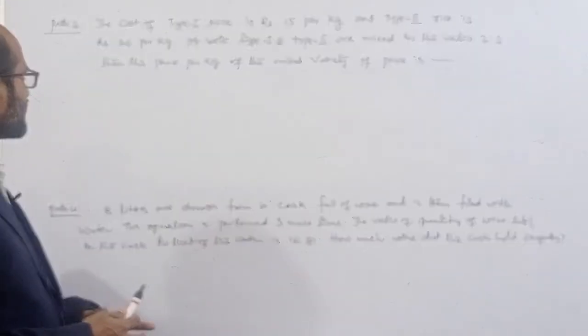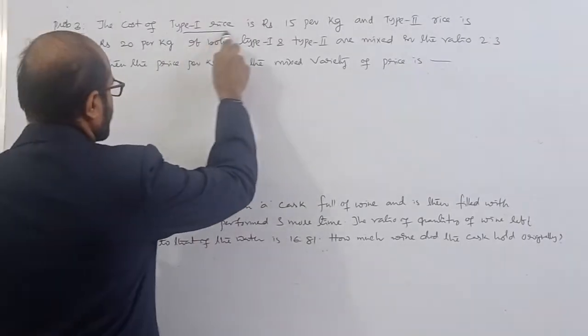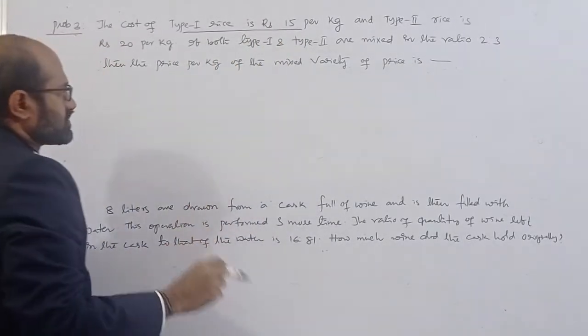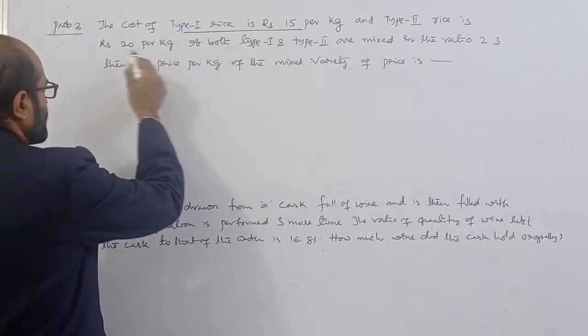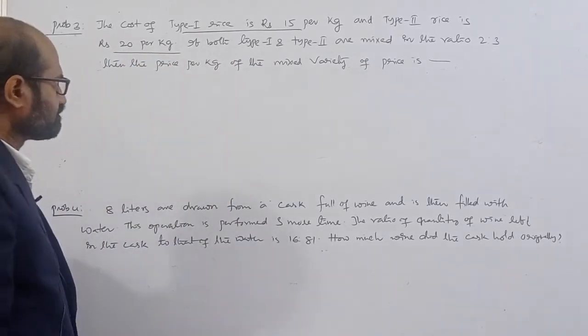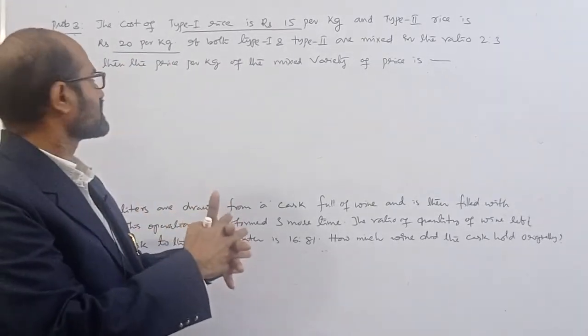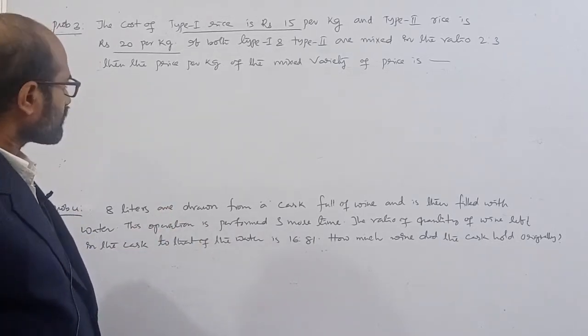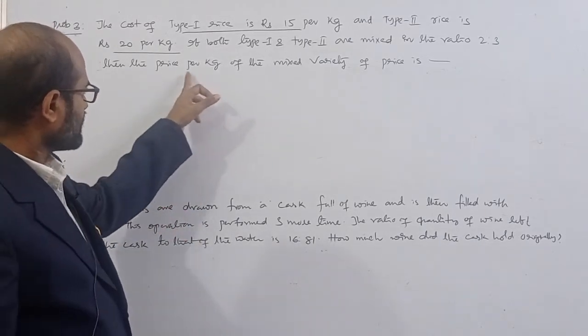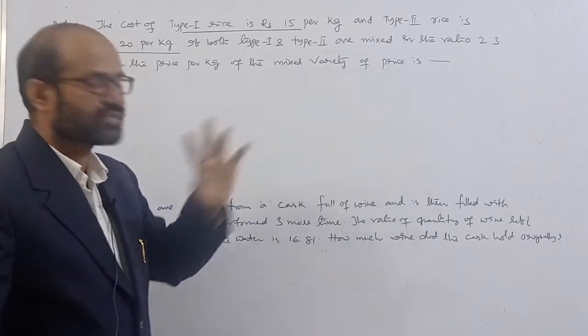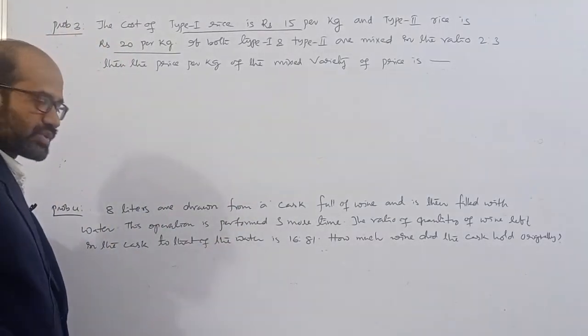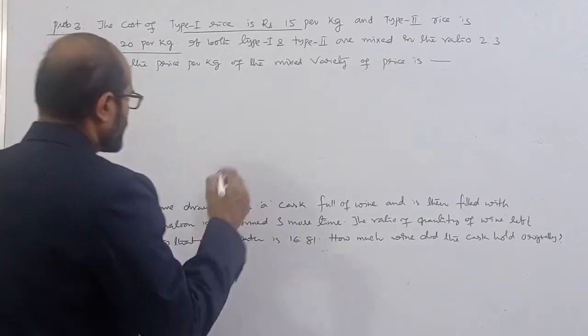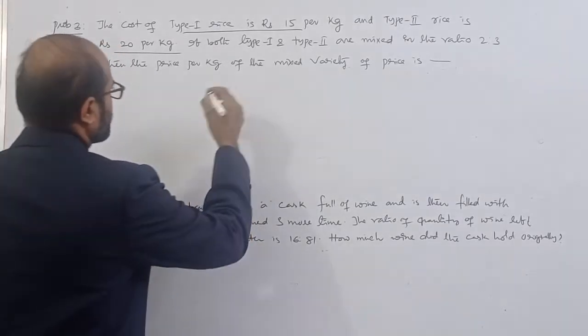So here they have given two types of rice. Type 1 rice is 15 rupees per kg and type 2 is 20 rupees per kg. After mixing type 1 and type 2 rice, find the price per kg of the mixed variety.